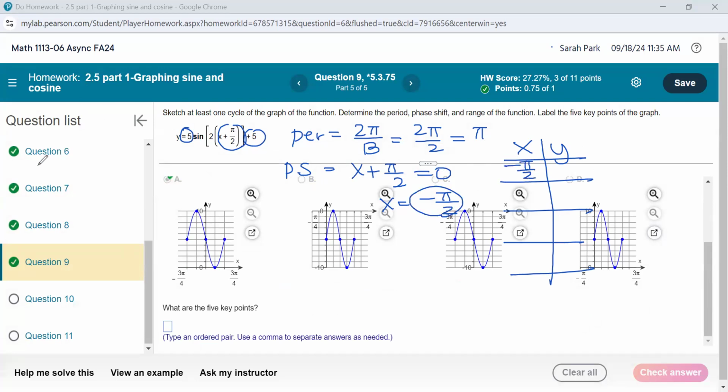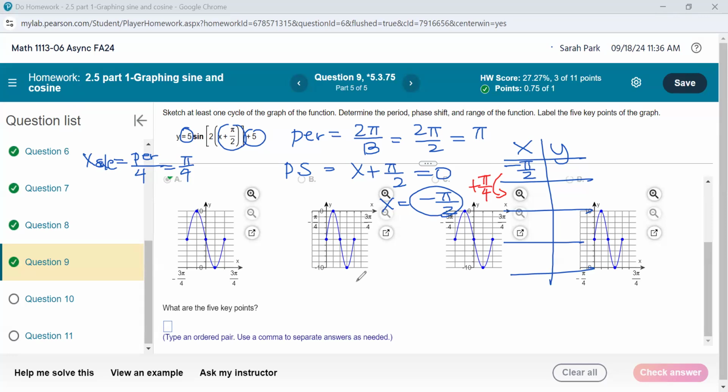And what do we need to add? We need to add the x scale. I didn't find the x scale yet. X scale is the period over 4. That's pi over 4. So we have to add pi over 4 to each of those values to get the next one. So we're adding pi over 4. Okay, so let's do this.